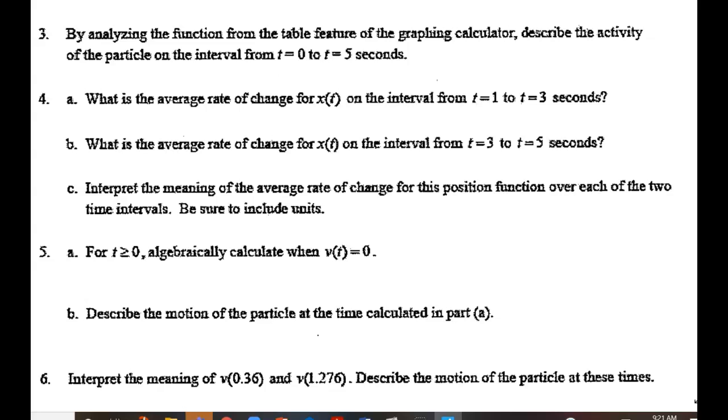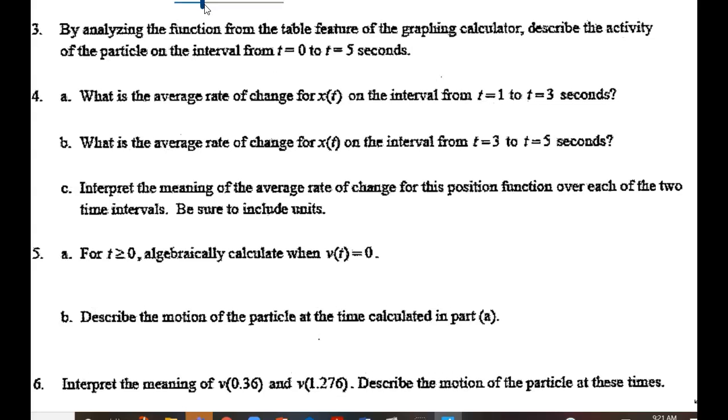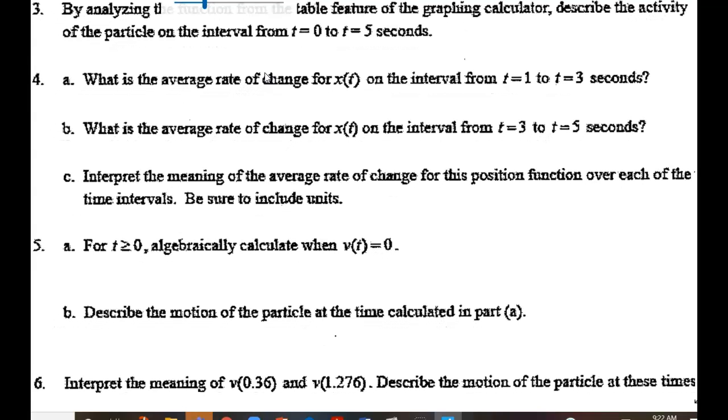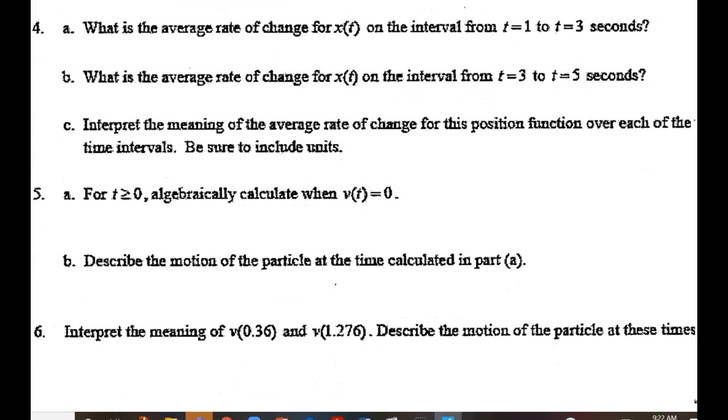What does it mean when it asks you for the average rate of change? Slope. Thank you. Average rate of change is slope. So we are literally looking for the slope from 3 to 1.